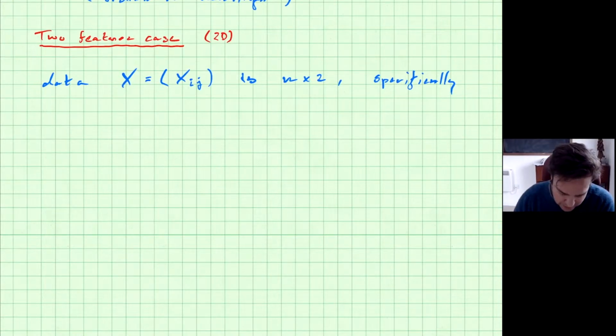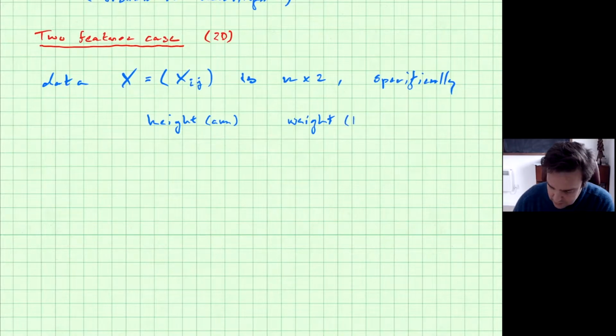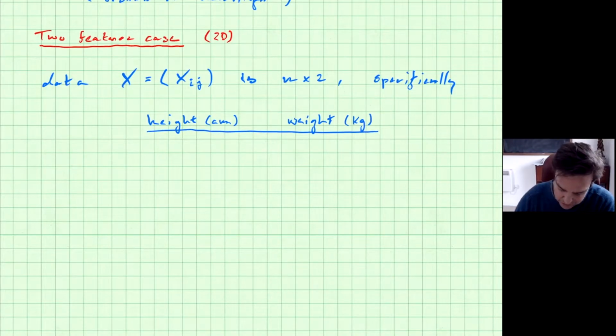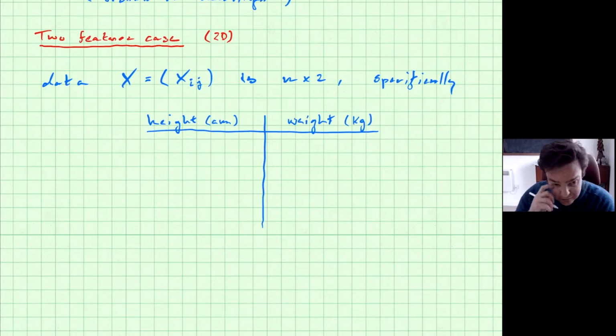So let's say that the first column is height. So maybe these are about people or animals or something, in centimeters. And the second column is weight or mass in kilograms. Right, and so the matrix X is built out of these 2 columns. If I wanted to, I could just write it as a table.